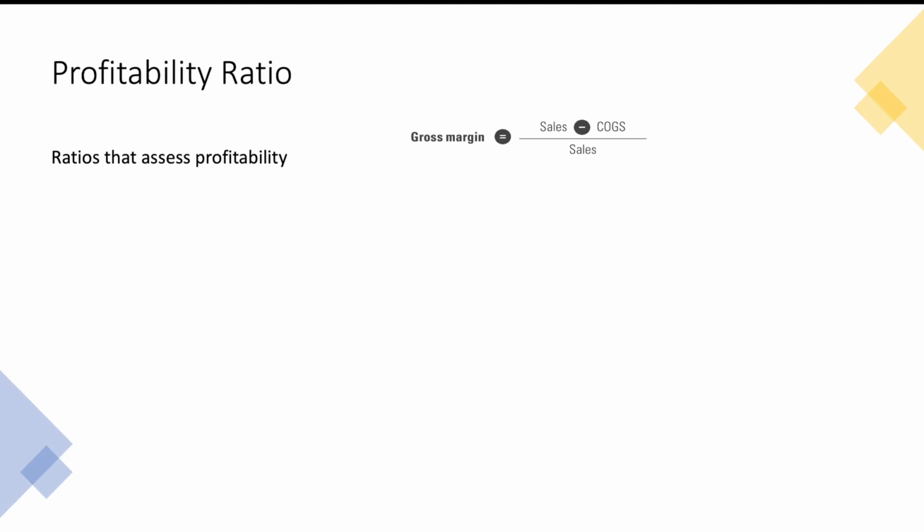Gross margin is equal to sales minus cost of goods sold, divided by sales. Each of these three ratios is shown as a percentage of sales. The second is EBIT, earnings before interest and tax margin, divided by sales.